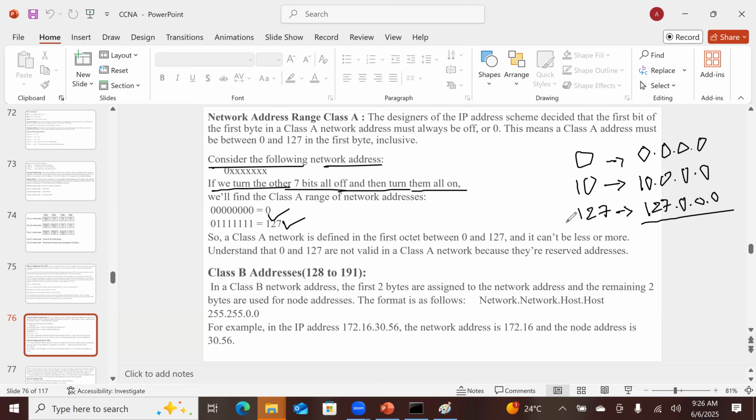Mr. Gopal Krishna, have you heard about this 127 network ever? No, sir. Okay. Mr. Pradesh, do you have any idea? Okay, this is called as what?